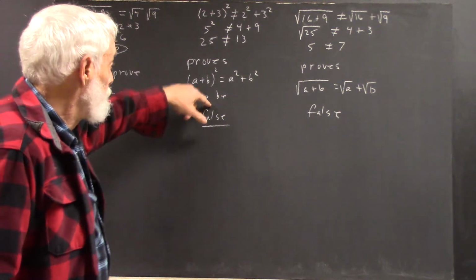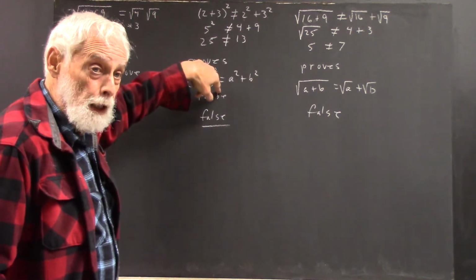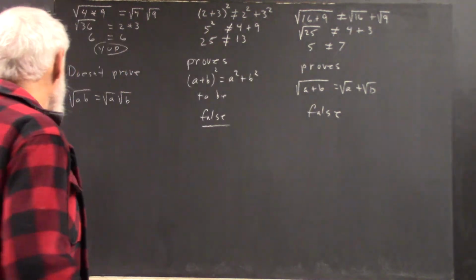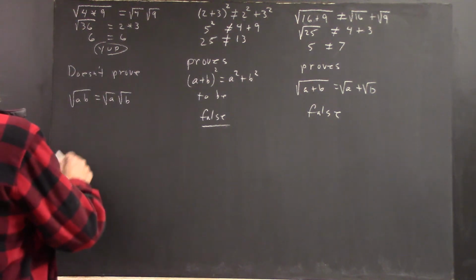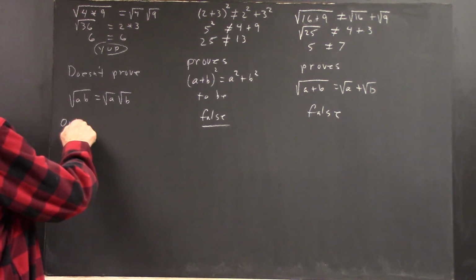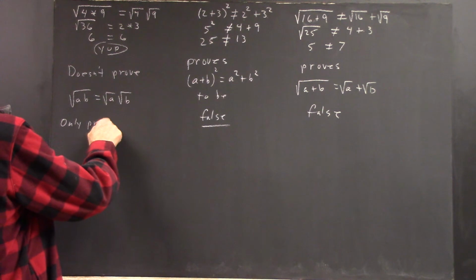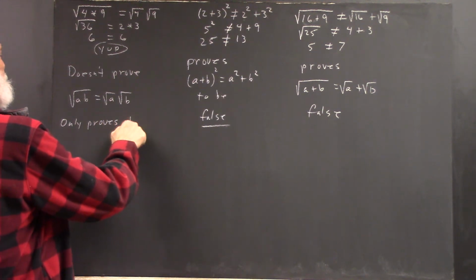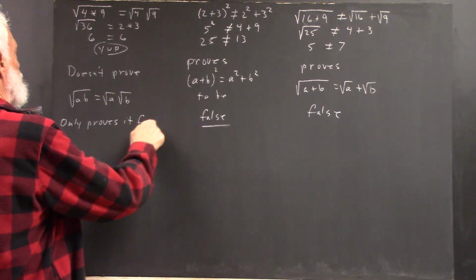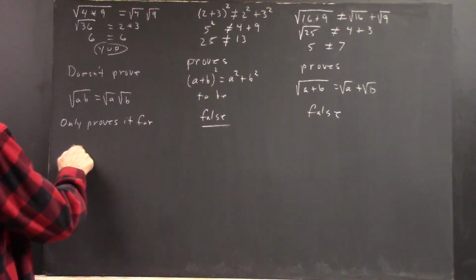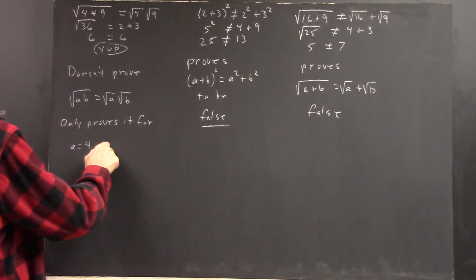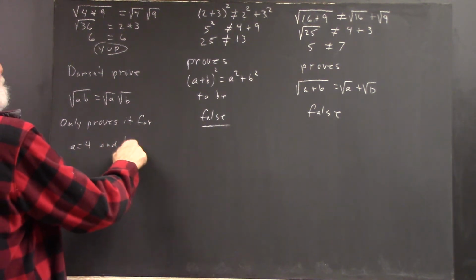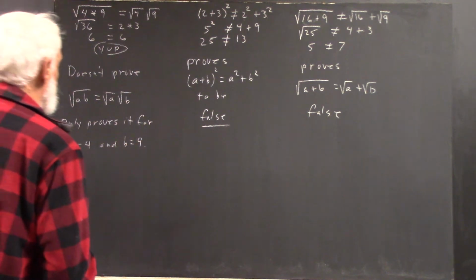You can disprove a general statement by giving one counterexample, here or here. Here we've only proven it for A equals 4 and B equals 9.